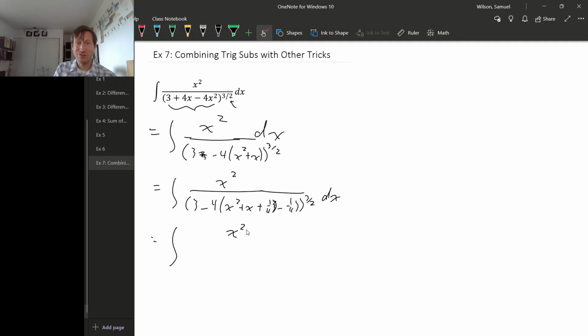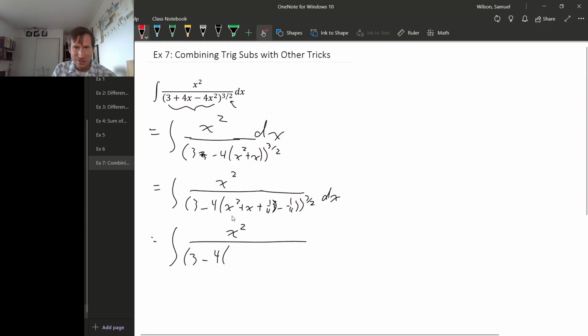Integral of x squared over 3 minus 4 times, now inside these parentheses, these first three pieces should be a perfect square. These should be x plus 1/2 squared, which they are, minus 1 over 4. Let's distribute this 4 here, so that's going to make this plus 1.